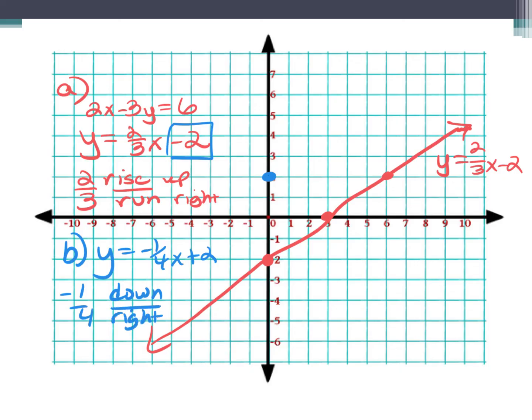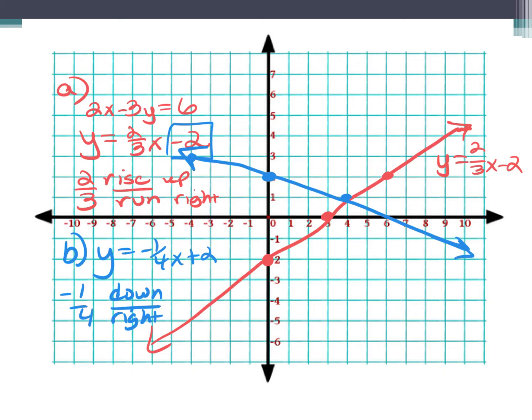You could also go up and left, but I try to always keep one of my movements consistent. So if I go down 1 and then to the right 4, or I could go up 1 and to the left 4. Either way, you're going to get the graph of your negative slope, and notice it's falling from left to right.